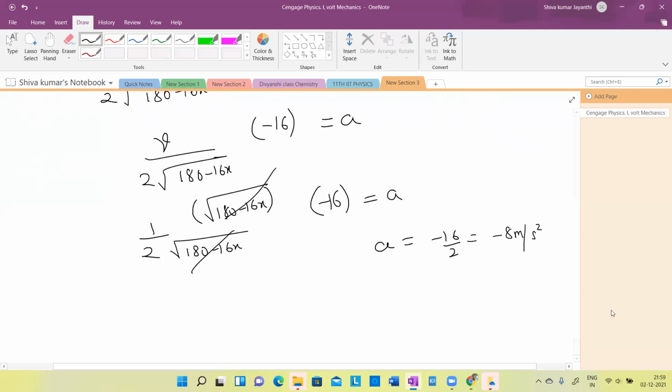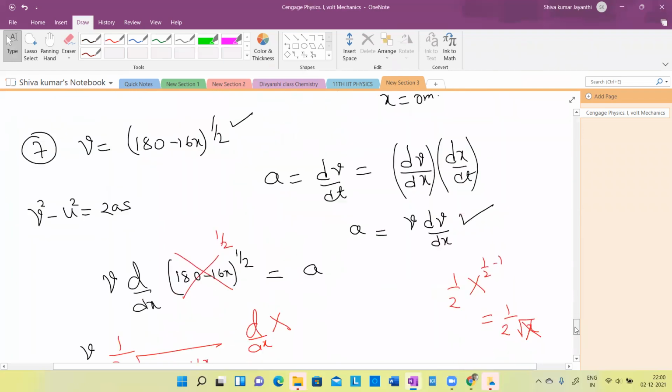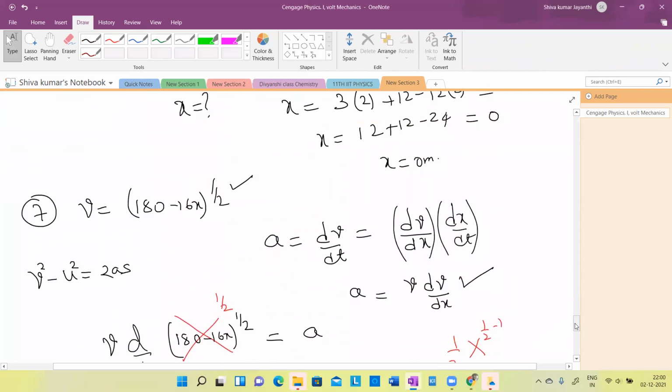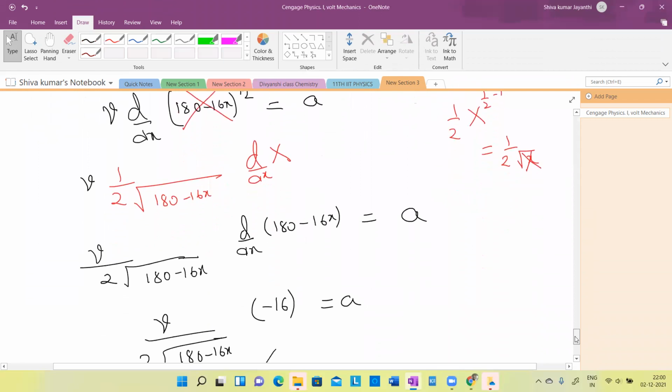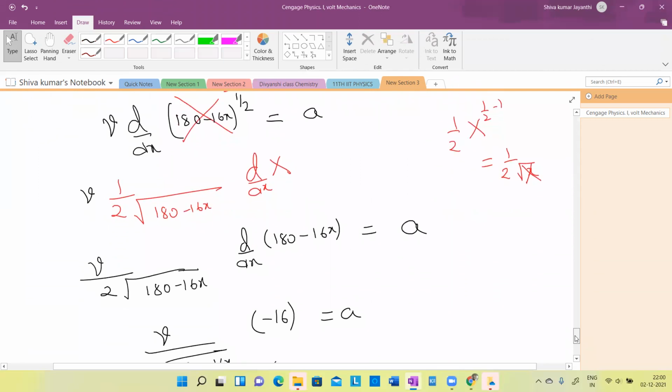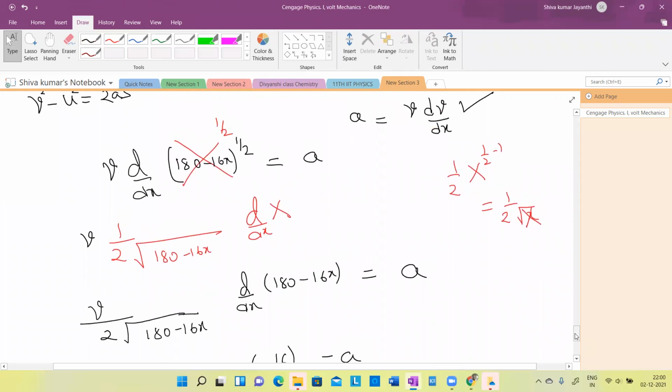Understood, or shall I explain again? I have a doubt. Yes, yes. So you went from v into minus 16 by 2 into square root of 180 minus 16x. Don't you differentiate the numerator instead? Yeah, that's what we did. We differentiated the inner function.